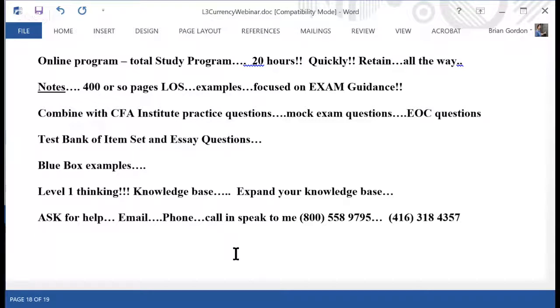This is not calling up Brian and asking him to summarize pages 1 to 100 in book number 3. That's tutoring, and we do have paid tutoring if you wanted that. But if you're stuck on something while studying and can't get it, reach out. You've got somebody to help you through this.